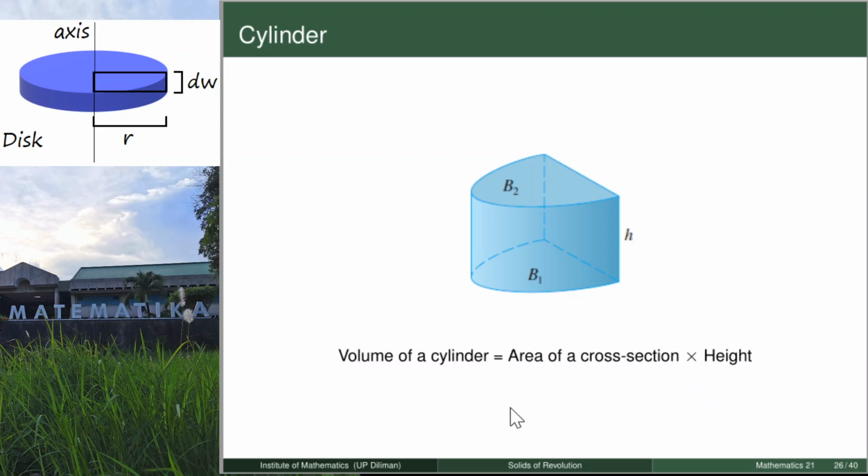By cross-section, we mean B1 or B2. So the volume of a cylinder is just area of B1 times height. For example, for the disk, the volume is area of circle times height, so it is just pi r squared times height.